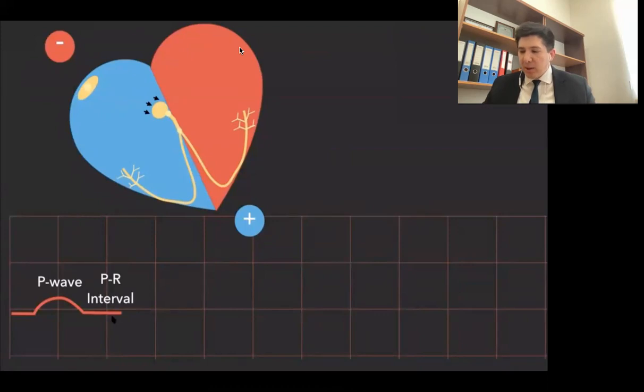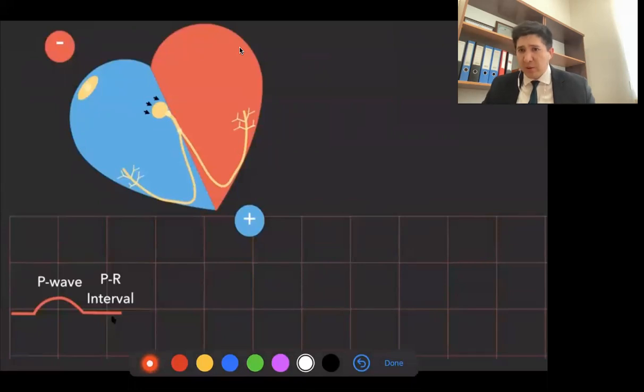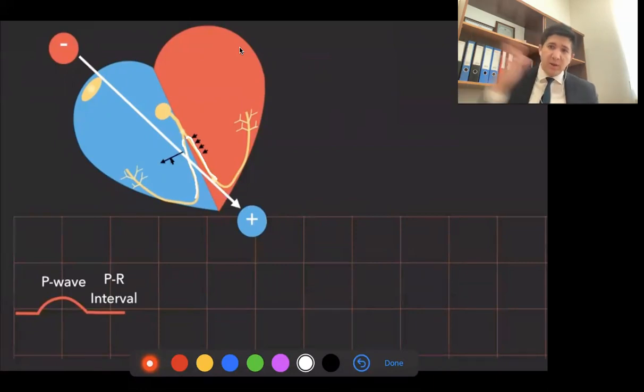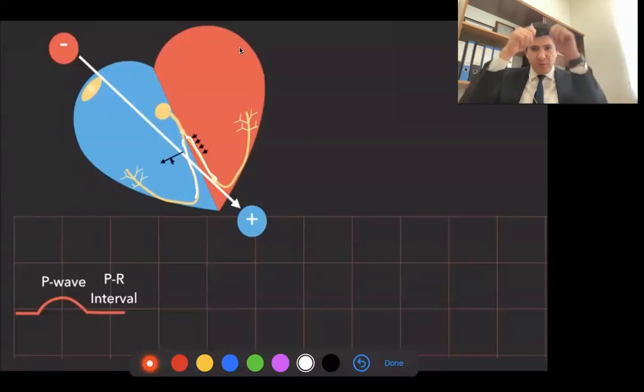So now, once the signal is transmitted from the AV node to the AV bundle or bundle of His, it's going to be moving like this, right? And what we are going to have, oops, sorry. How to go back? Oh, it's okay. So it appears once the signal is moving through the bundle branches, the direction of the depolarization is not going to be in the direction of the bundle branches.